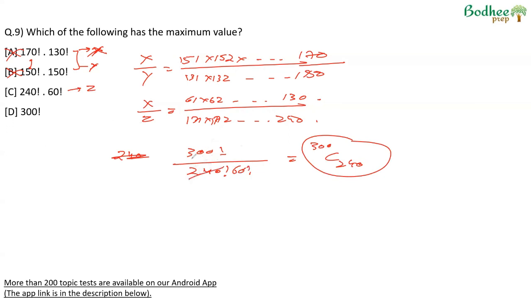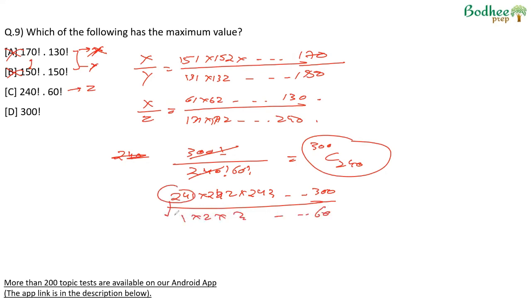If we divide, we'll be left with the numerator 241 into 242 into 243 and so on till 300, divided by 60 factorial, which is 1 into 2 into 3 up to 60. As we can see, each term of the numerator is greater than each term of the denominator. And therefore, the numerator is larger than the denominator. So the largest term here will be D, 300.